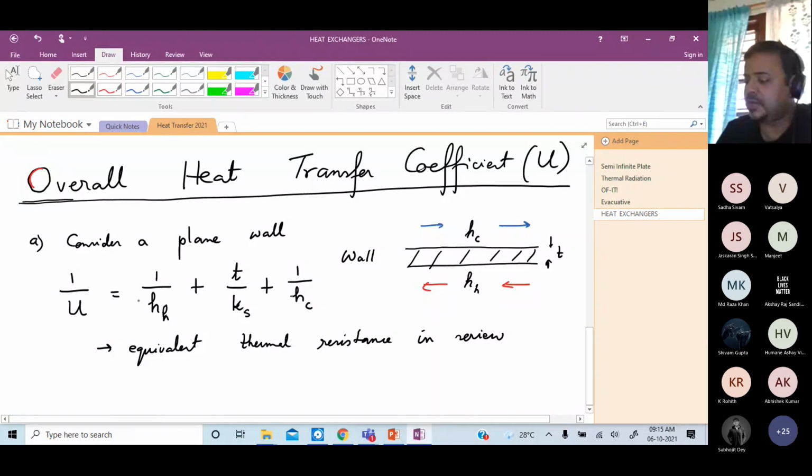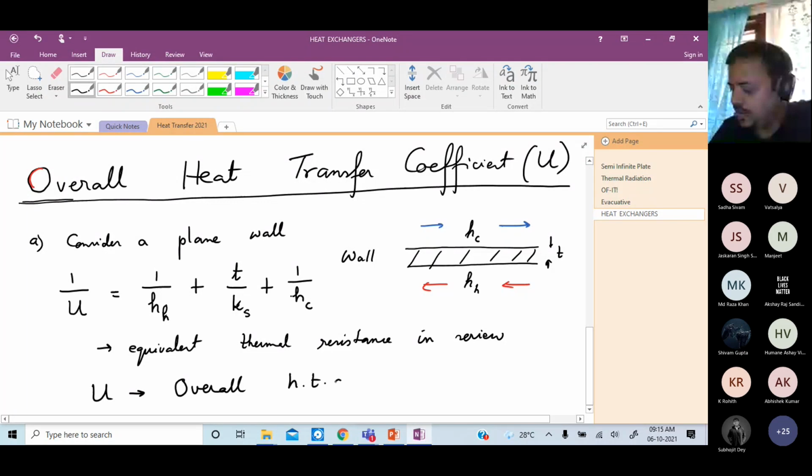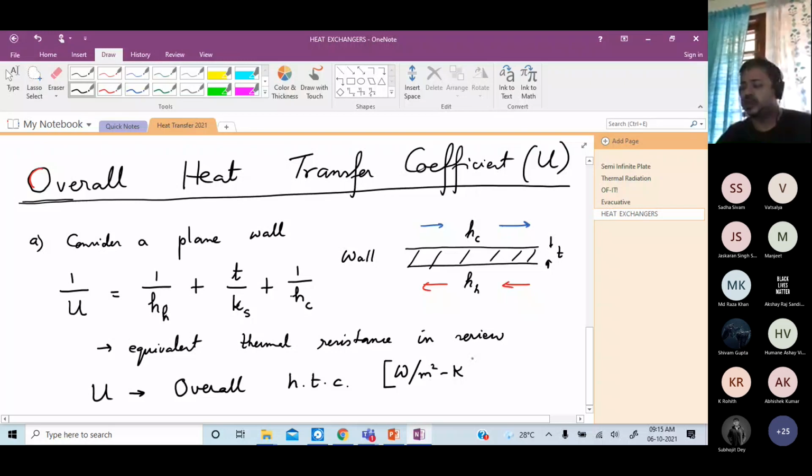So I could take the area out, and the heat transfer coefficient is defined, known as the overall transfer coefficient. The units are exactly as that of heat transfer coefficient, watt per meter squared Kelvin. Okay. So the value is whatever, let us say 200 watts per meter squared Kelvin.